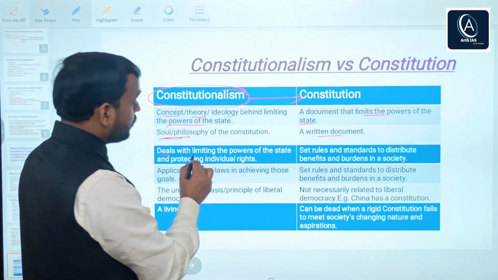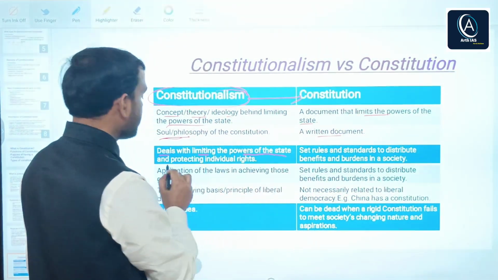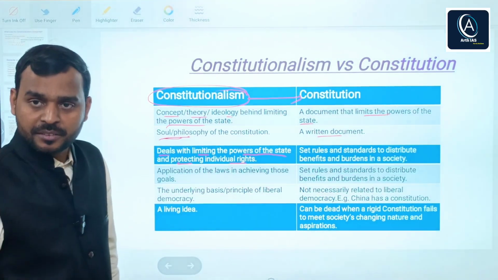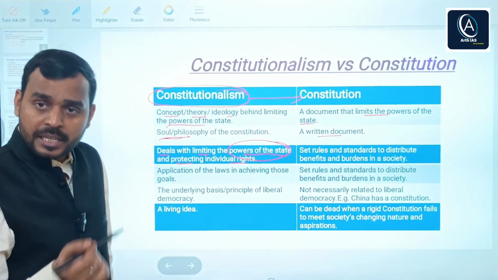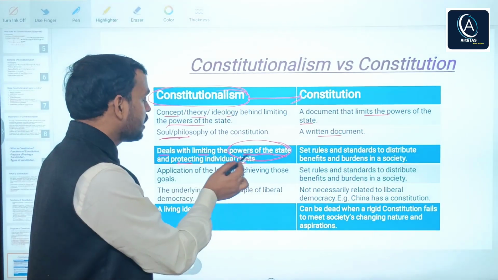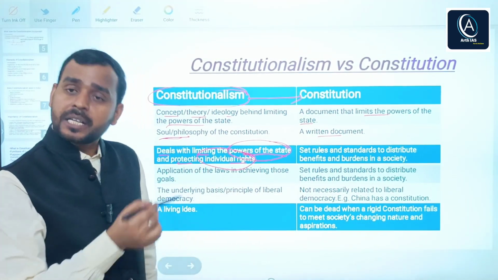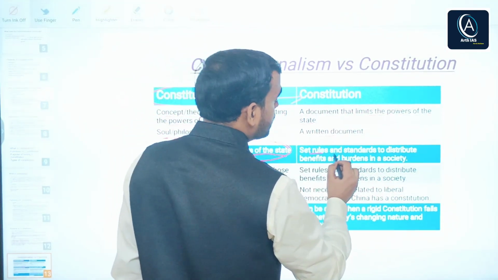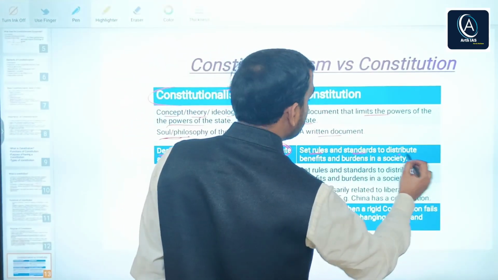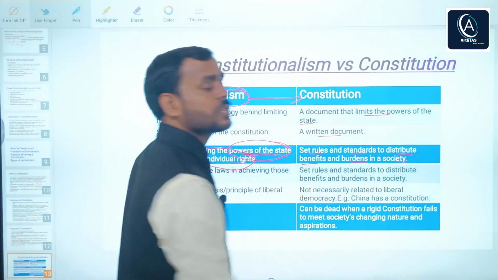Constitutionalism deals with limiting the powers of the state and protecting individual rights. When the powers of the state are restricted, obviously the rights of individuals are safeguarded. Simple. The constitution sets rules and standards to distribute benefits and burdens in society.